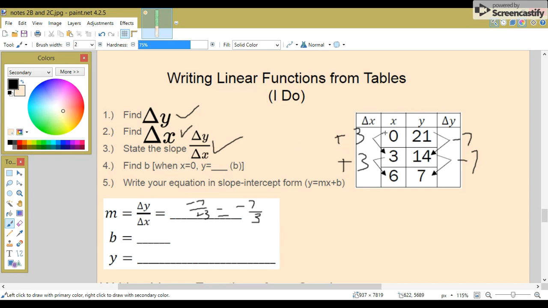When x equals 0, y equals 21. So that's our b, plus 21. Step 5, write your equation in slope-intercept form. y equals mx plus b. So y equals negative 7/3 x plus 21. And that's our slope-intercept form.